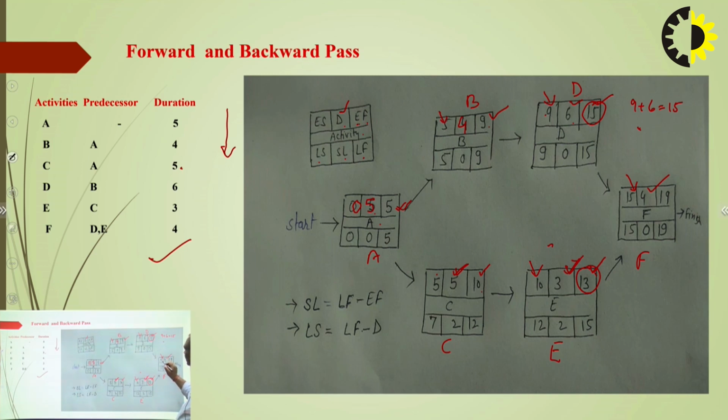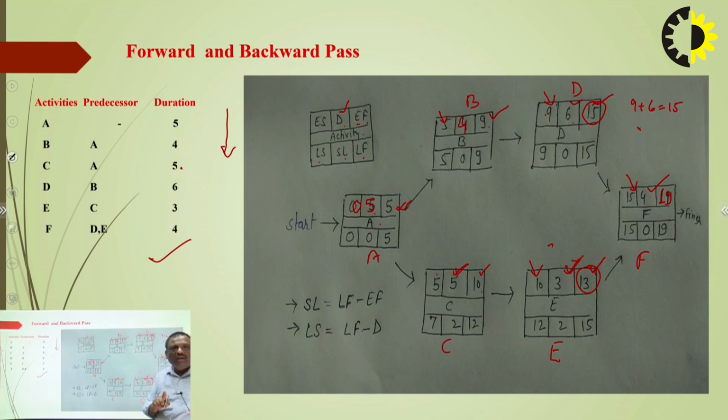So 15 is our earliest start value of the F activity, and its total duration is 4 months, so the earliest finish value of the F activity is 19. This procedure is known as the forward pass.